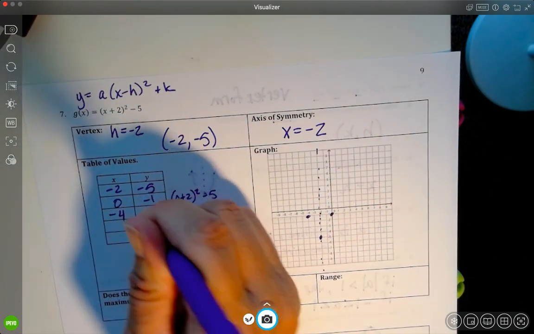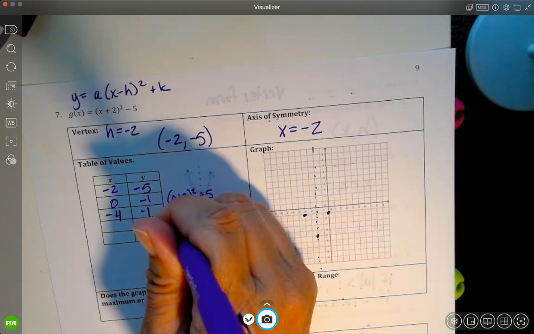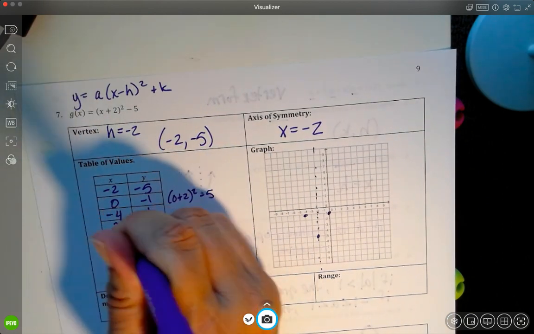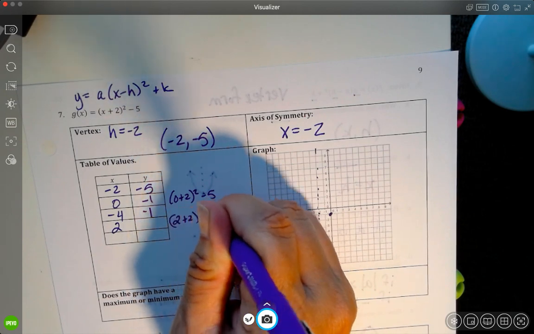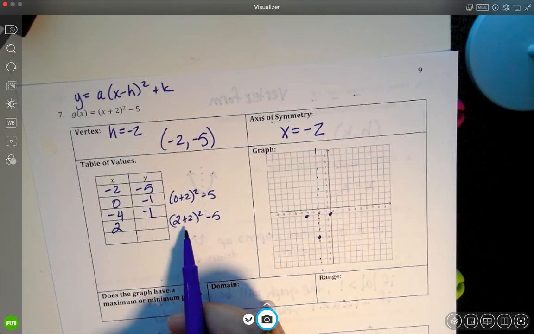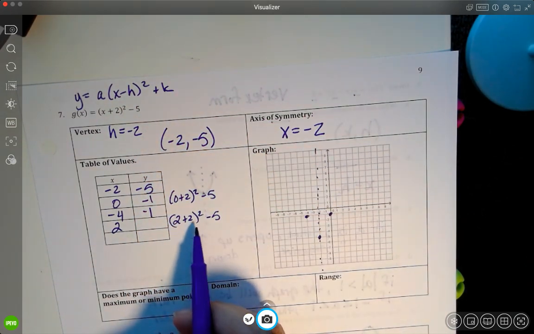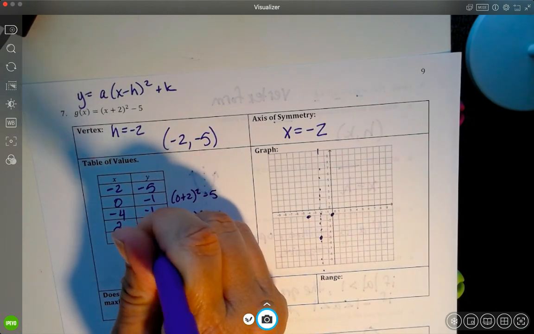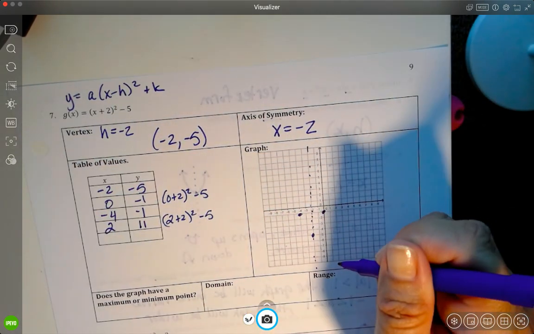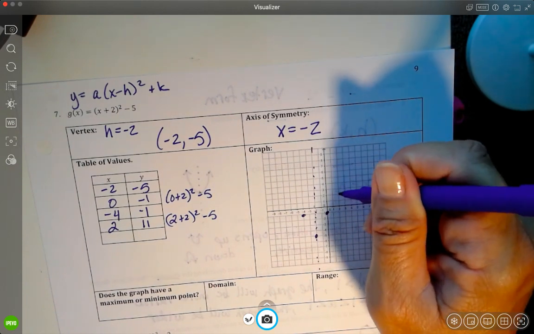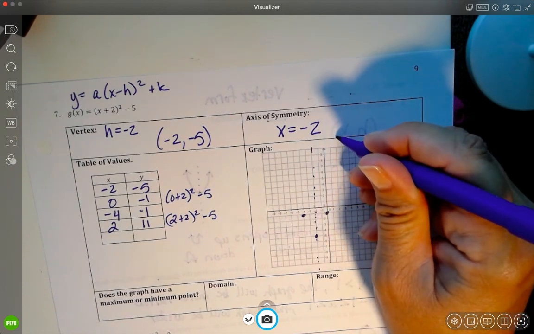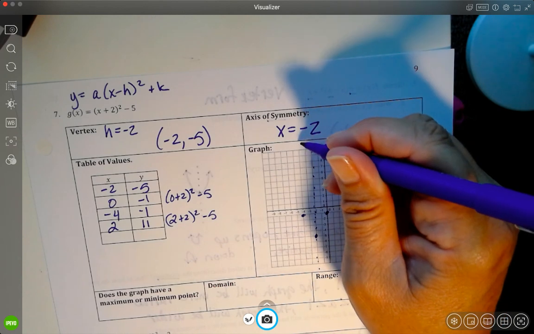And then maybe I choose 2 as my x. So 2 plus 2, quantity squared, minus 5. So 2 plus 2 is 4, squared is 16, minus 5 is 11. That's not good. I can't fit it. But it's really close. So maybe 11 is up here, and then a reflection on the other side.